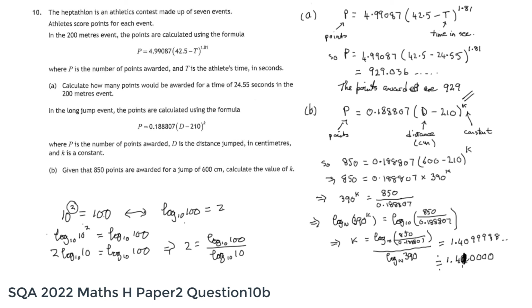So it's 1.410000, and that's to 6 decimal places. It'd be perfectly acceptable for you to write 1.41 down, correct to 2 decimal places if you want. But there we go. It's 1.410000. That's the value of k.